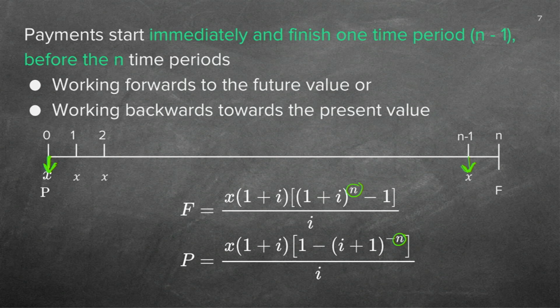So the best way of doing that is to take your little X amount, multiply it with 1 plus I. That means 1 times that payment plus the I, the interest on that payment. Now you've got the beginning amount at the end of month 1. And then you can do the normal formula further.